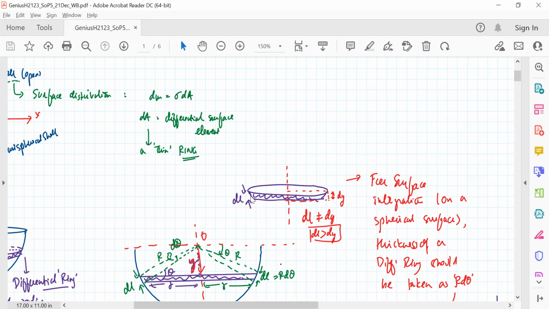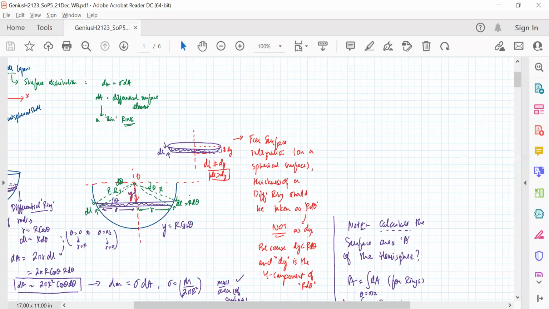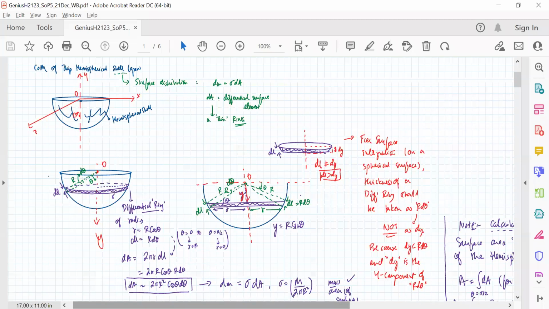So we should not consider the thickness of that ribbon or that ring as dy. We should consider it as dl, because dy is smaller than dl. It is like the projection or the component of dl along the y-axis. Hence, when we are considering the area of a spherical surface and we slice it into rings, we always take the thickness as dl and not as dy. Whereas when we are considering a solid hemisphere, we are slicing it into discs. There it was a different situation.